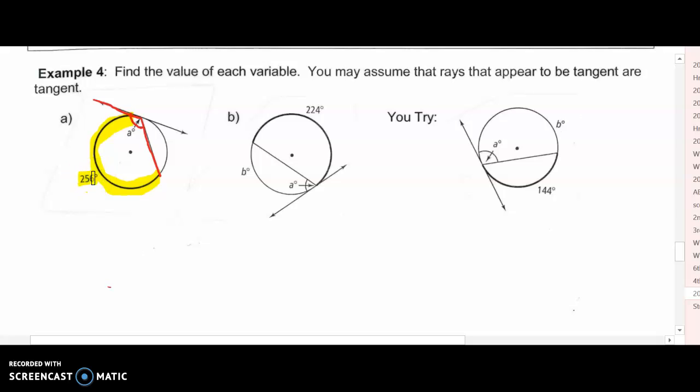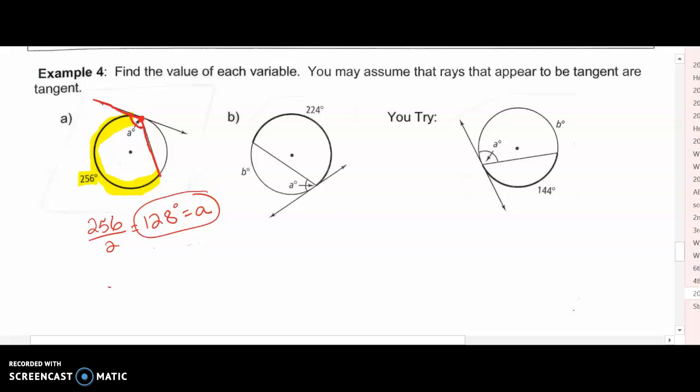Because the vertex of this angle is on the rim of the circle, strategy number 5, the leg hanging out theorem, does apply. And you're going to do 256 divided by 2. Half of that would be 128 degrees for A.